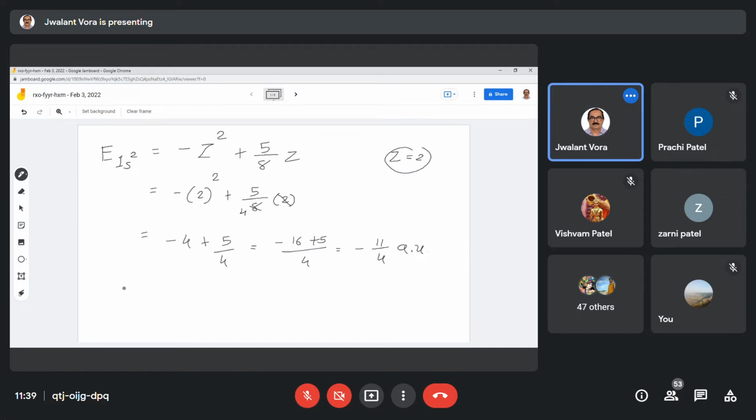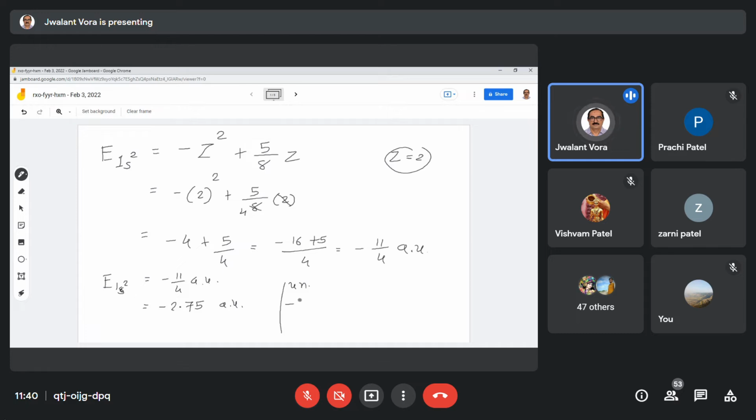E 1s 2 is equal to minus 11 upon 4 atomic unit, which is minus 2.75 atomic unit.